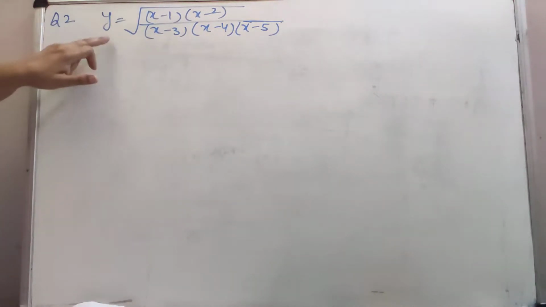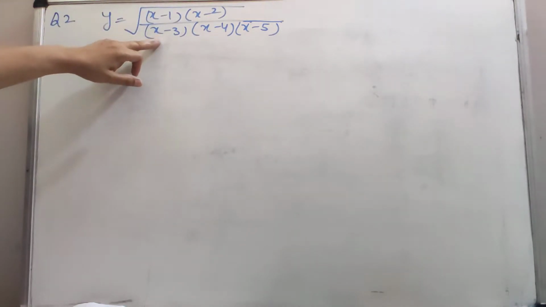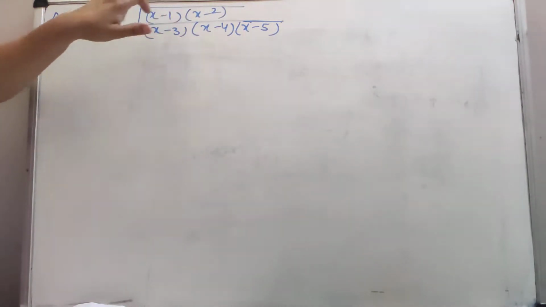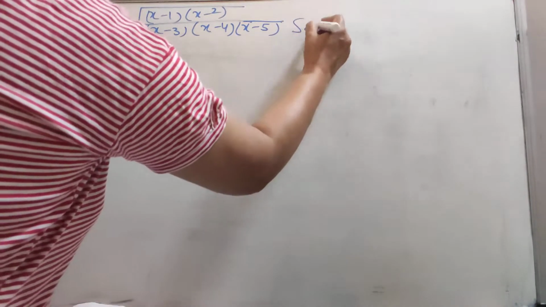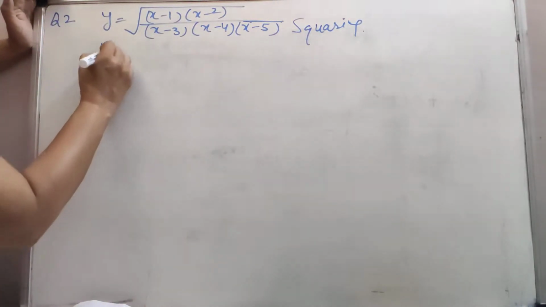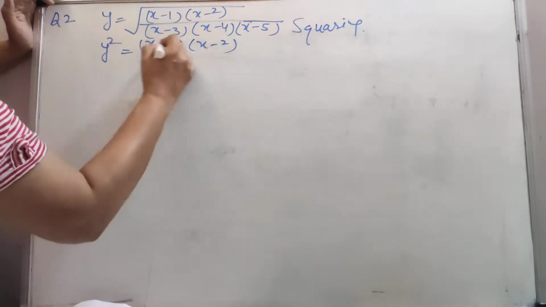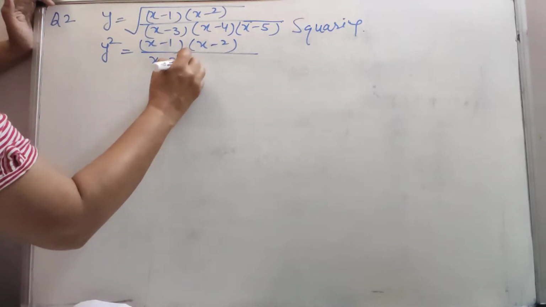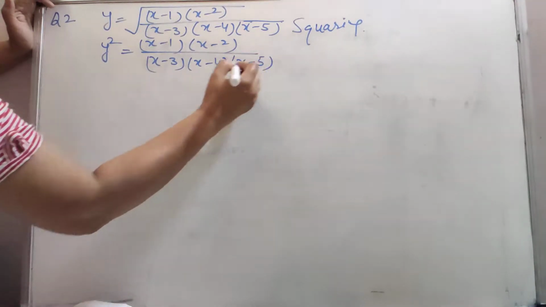Question number two, y is equal to the square root of x minus 1, x minus 2 over x minus 3, x minus 4, x minus 5. So if there is so long a term under the root, I told you the first step is squaring both sides. This becomes very easy. So y square is equal to x minus 1, x minus 2 over x minus 3 into x minus 4 into x minus 5.